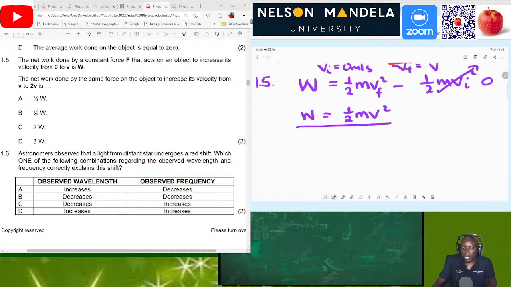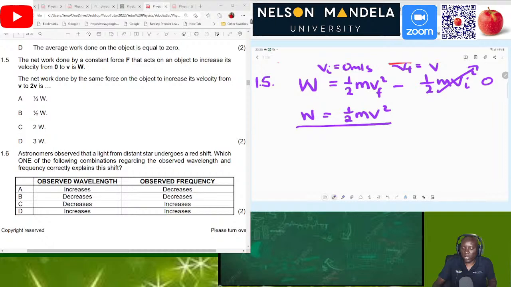Remember the work done is equal to the change in the kinetic energy, and in this case the kinetic energy is changing from half mv squared to half m times 2v all squared.